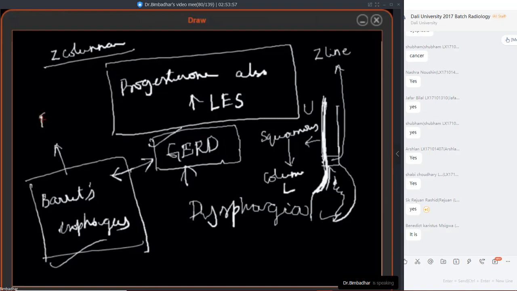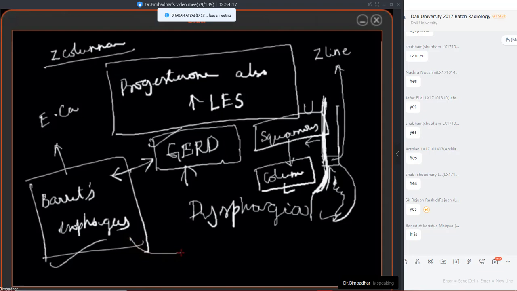Okay, esophageal carcinoma. But here you have to understand one thing. Let's try to understand the logic here. One thing that I have told you is that the squamous epithelium is converting into the columnar epithelium. So if the columnar epithelium that has been formed in Barrett's esophagus is getting more irritated, it is causing esophageal carcinoma.